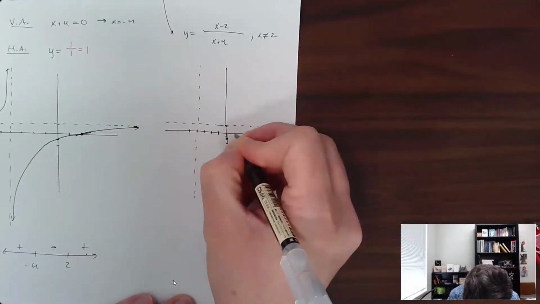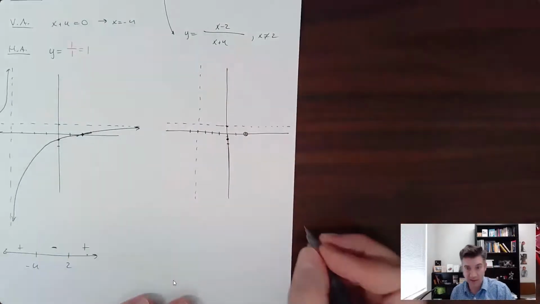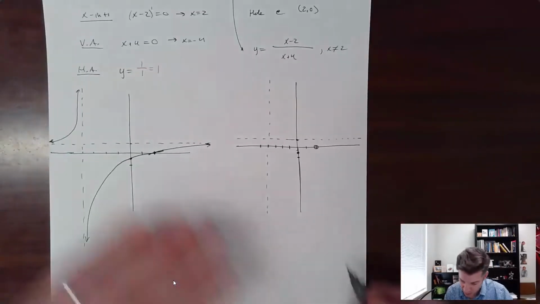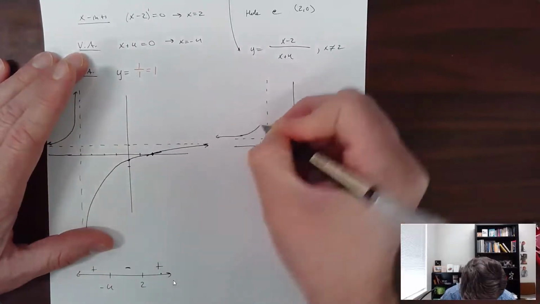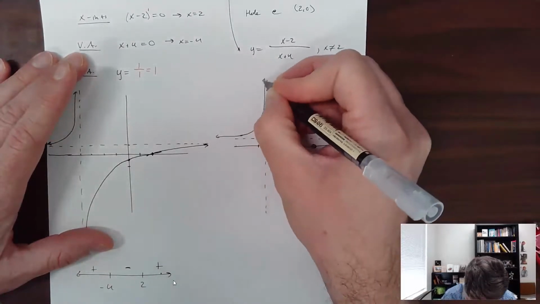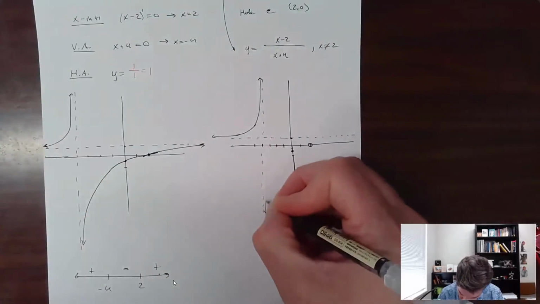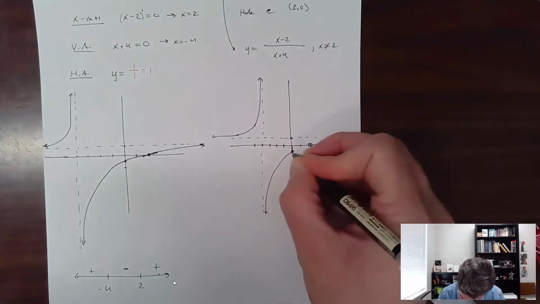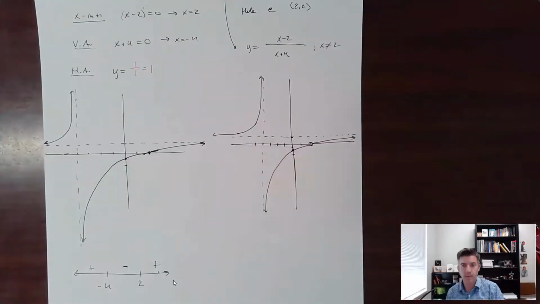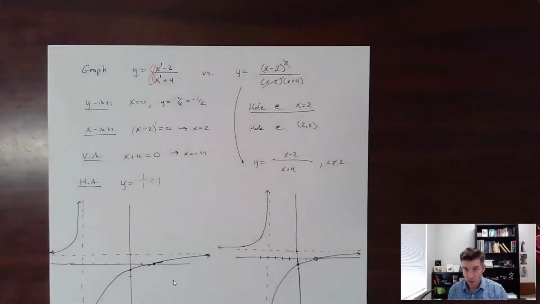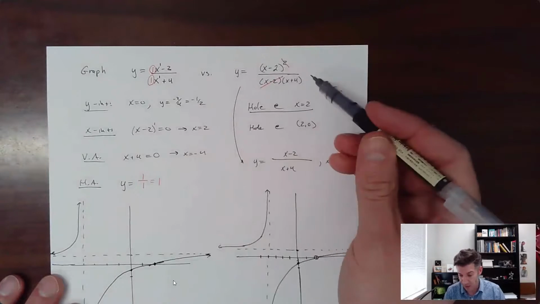And what would be my x-intercept at 2, but I know there's going to be a hole there. And then it's literally just going to be the same graph. Out this way, coming up like that. And then it's down over here, and then I'm going to come up just the same way as before. Hole there, like that.